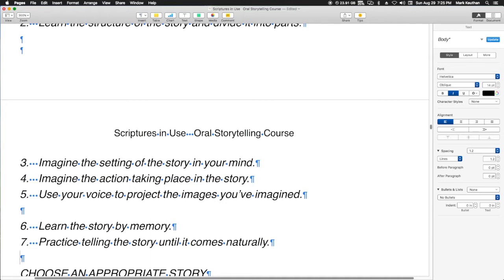So if you're going to tell the story of Jesus meeting Zacchaeus on the road, Zacchaeus has climbed up a tree to be able to see better because he's short. The setting of the story could change. He still has to climb something. He could climb a ladder or a telephone pole. It doesn't have to be a tree, but the setting is something you need to take some time on.